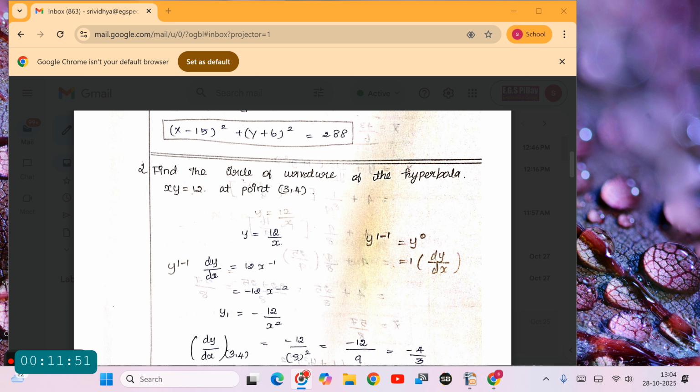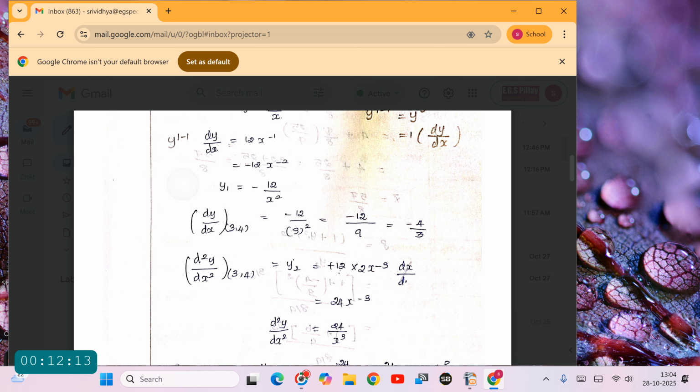Here also we are using the same basic formula of differentiation as d by dx of x power n is equal to n into x power n minus 1. Using that formula, we can write y1 equal to minus 12 x power minus 2. Again, we have to bring x power minus 2 into the denominator. We are getting y1 equal to minus 12 by x square. So this is our y1 value.